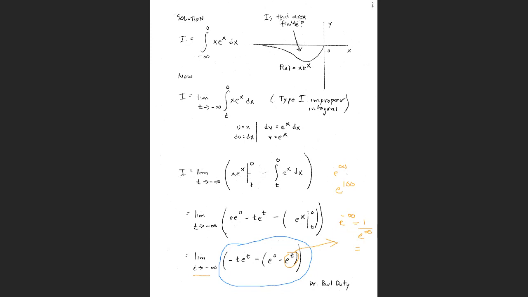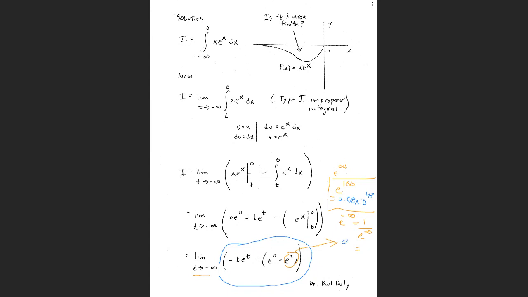E to the 100th power, according to my TI-84 calculator, is equal to 2.068 times 10 to the 43rd power. Okay, a huge number, right? So e to the t goes to 0.